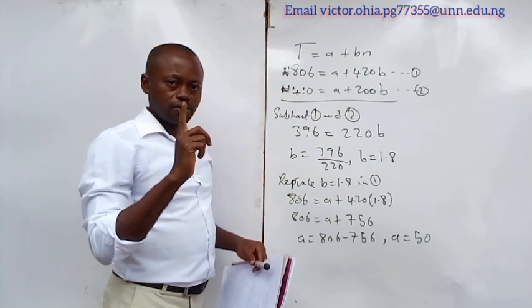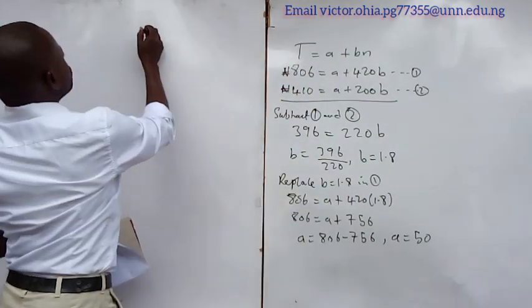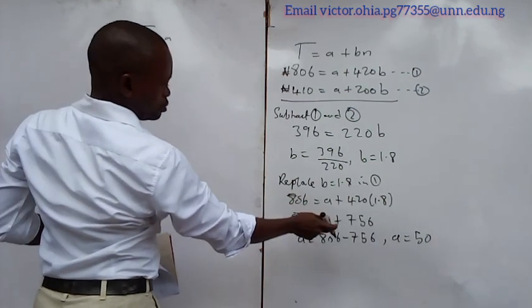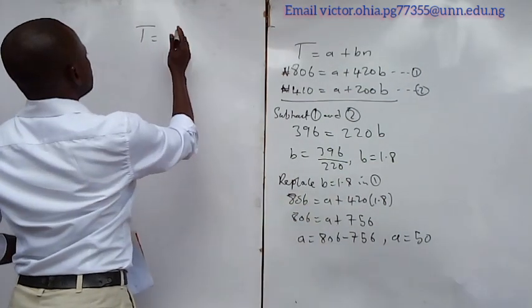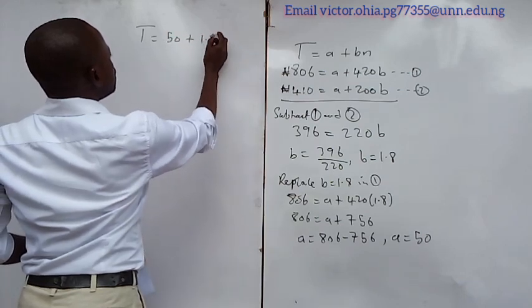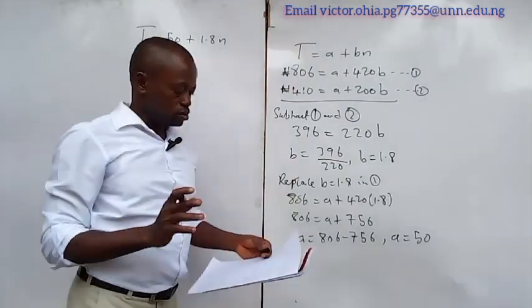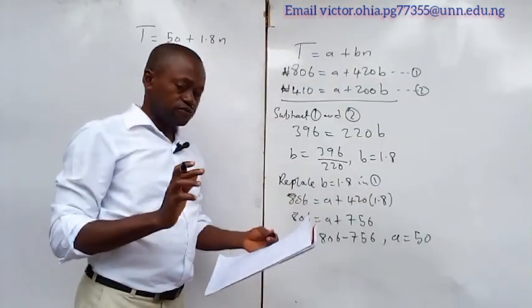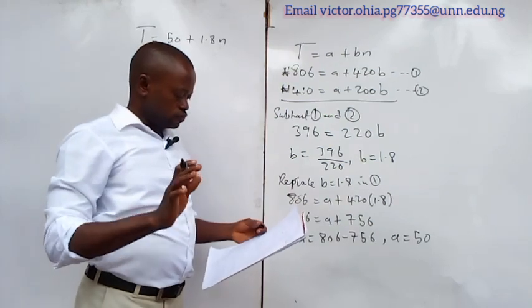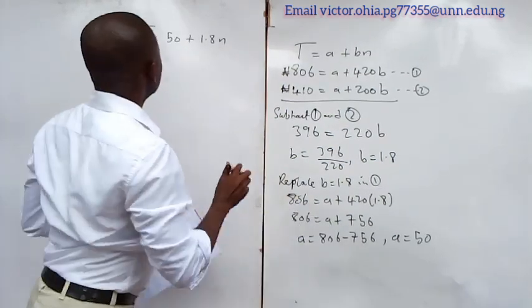Coming back to this equation, T equals A, and our A is 50, so we have 50 plus 1.8n. This answers question 2 that says find the formula for T. That is the equation for T.